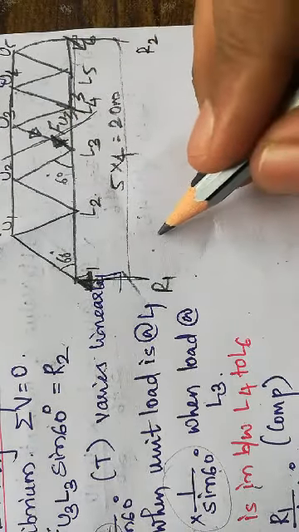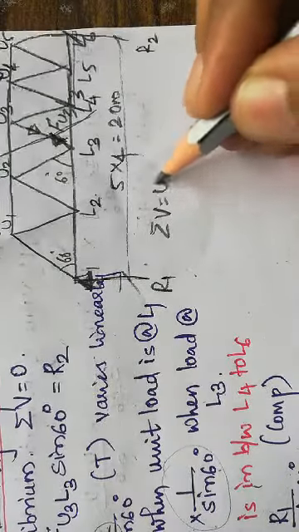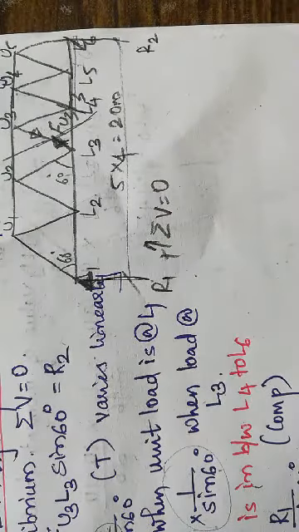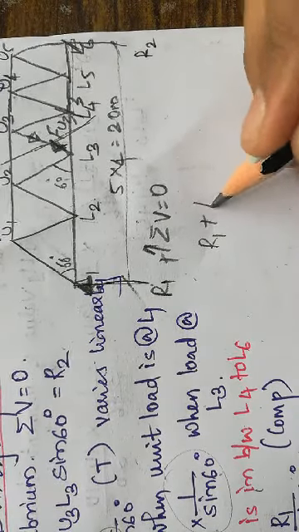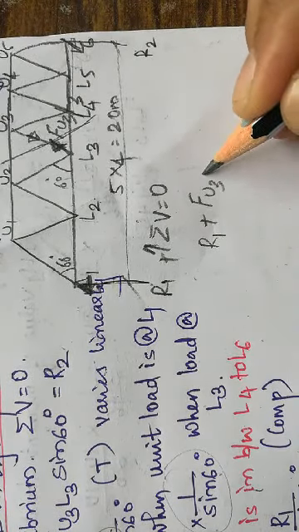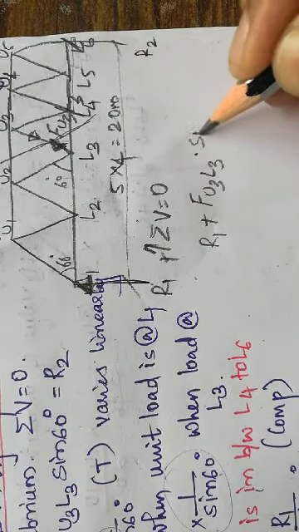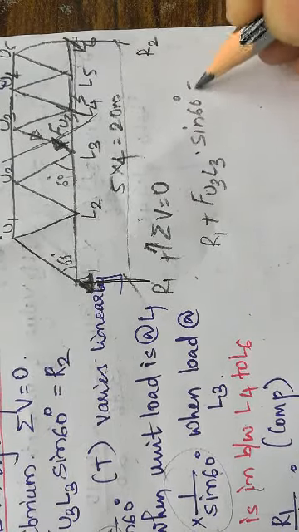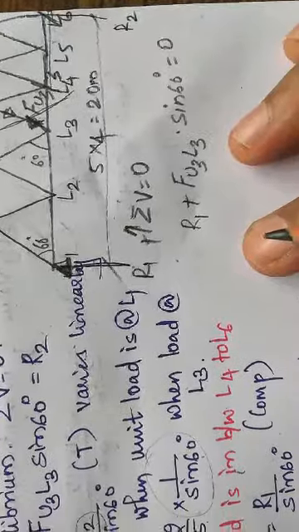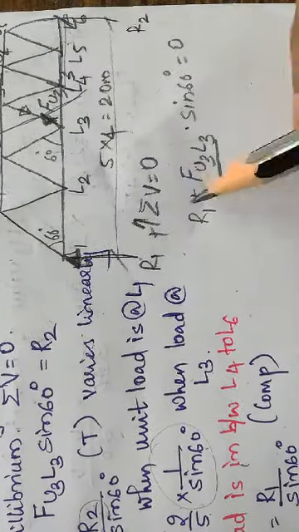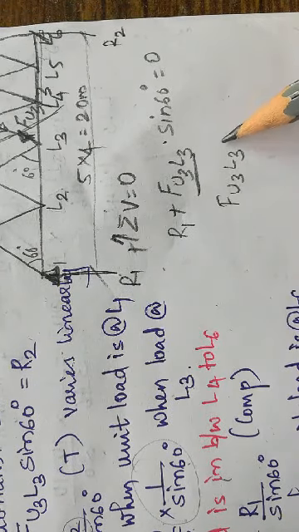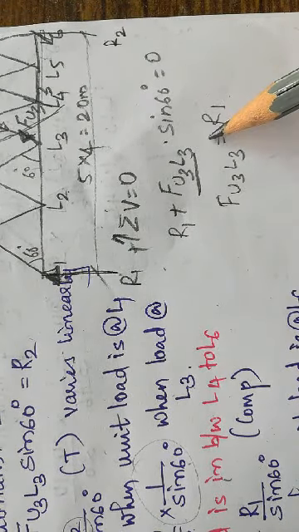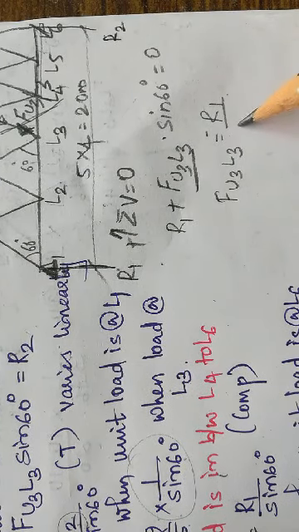Now if I take the equilibrium of the vertical axis with upwards as positive, I'll get R1 plus force U3, L3 sine 60 is equal to 0. Now I want this force, so force U3, L3 is equal to R1, I'll get here a minus sign, divided by sine of 60.